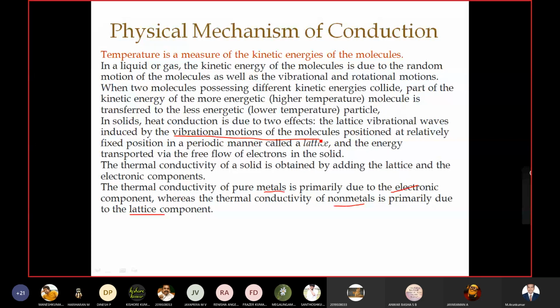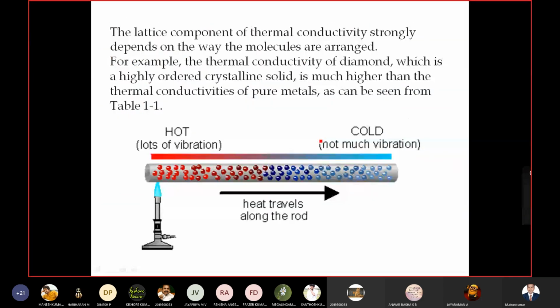Then you may identify that the lattice component of thermal conductivity strongly depends on the way the molecules are arranged, so the structure of the molecules. For example, consider the thermal conductivity of diamond, which is a highly oriented crystalline solid. So you have crystalline material, non-crystalline material, and partially crystalline materials.